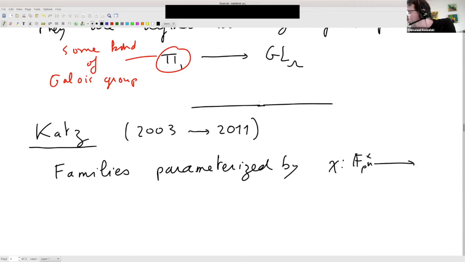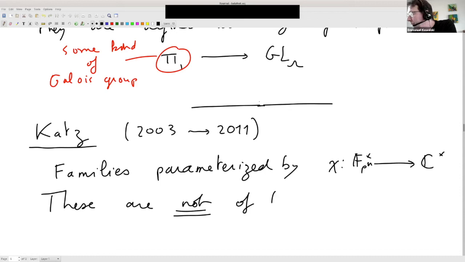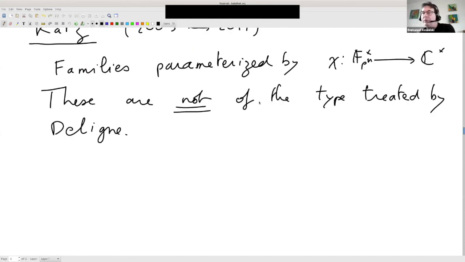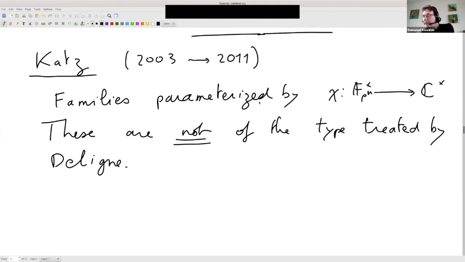Okay, and again, over extension fields of a base field. So these are not of the type treated by Deligne. Okay, so a priori, these were things that one could not study directly the way Deligne did, and for a while this was completely mysterious what could happen.